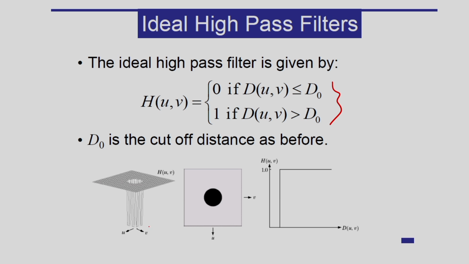So I have shown the H(u,v). So in case of the high pass filter we have only considered the outer portion of the Fourier transformation. This black portion, if you see this black portion, that is not considered. So only I am considering the outer portion of the Fourier transformation, and corresponding to this you can see the response of the high pass filter, and D naught is the cutoff frequency in this case.